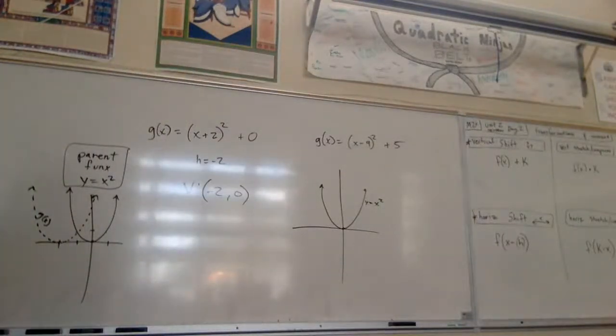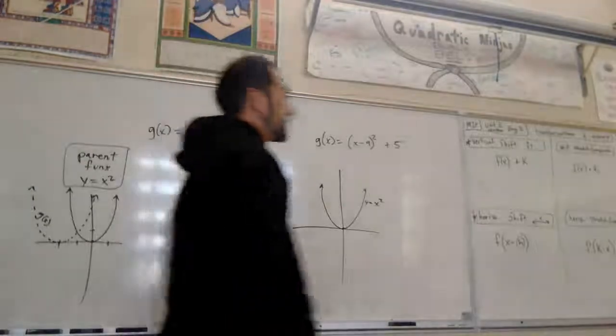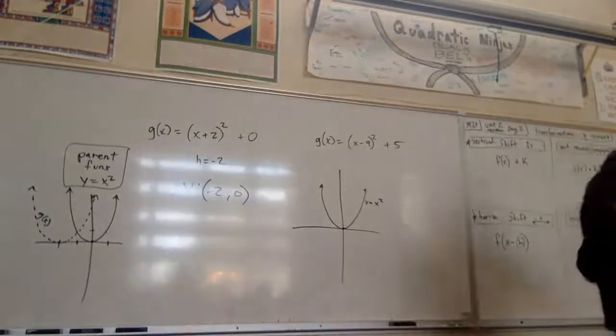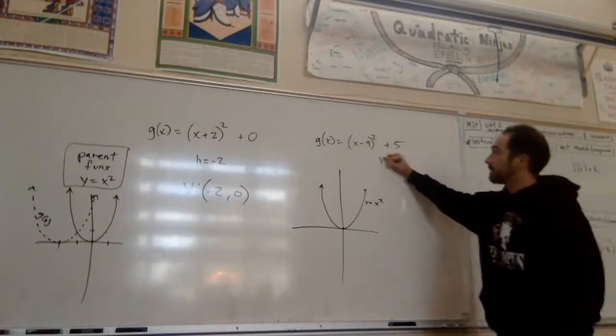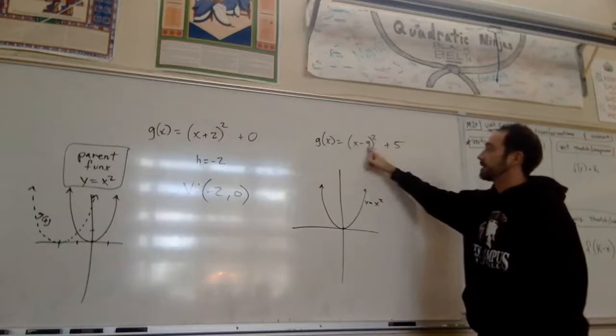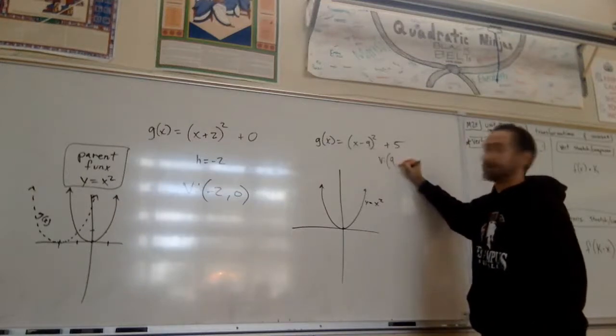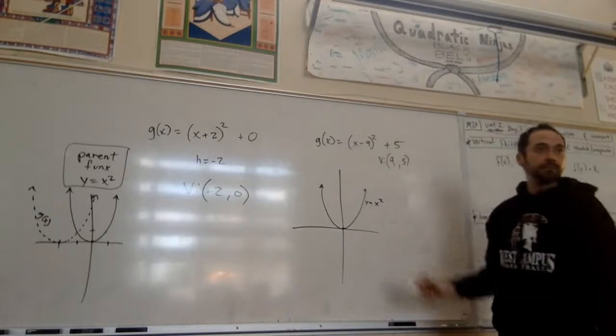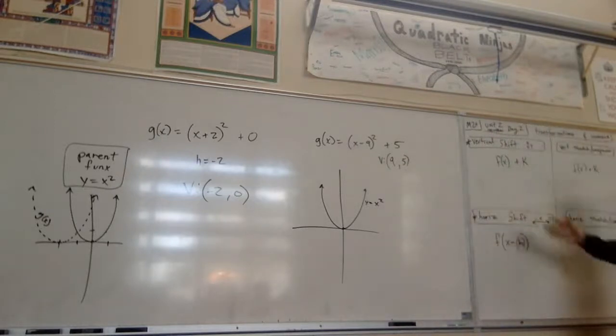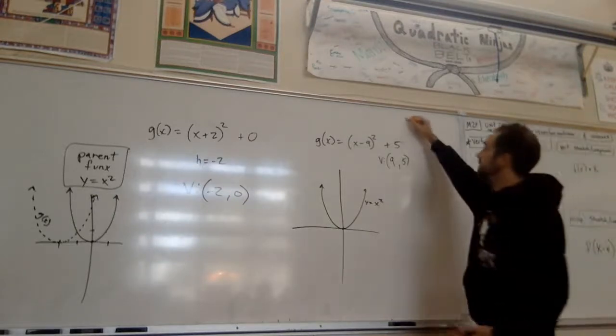This is vertex form of our equation of our quadratic. So where is the new vertex going to be? 9 and 5. If you want to think about it, when we're doing vertical shifts and horizontal shifts, it is just coming from our vertex form of the equation.